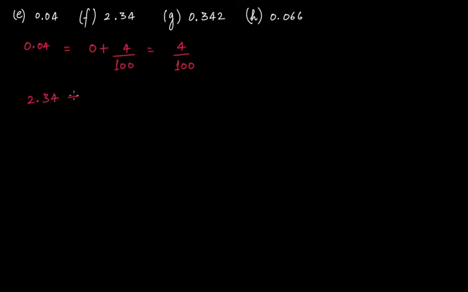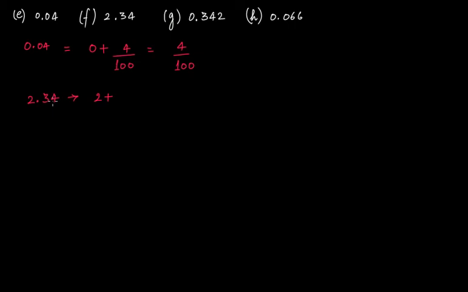Now this is 2.34. If you look at this number, 2.34 tells you that you have two entire things of something, like if you have one object, then you have two objects, plus 0.34. 0.34 tells you that at the tenths place you have 3, and at the hundredths place you have 4.